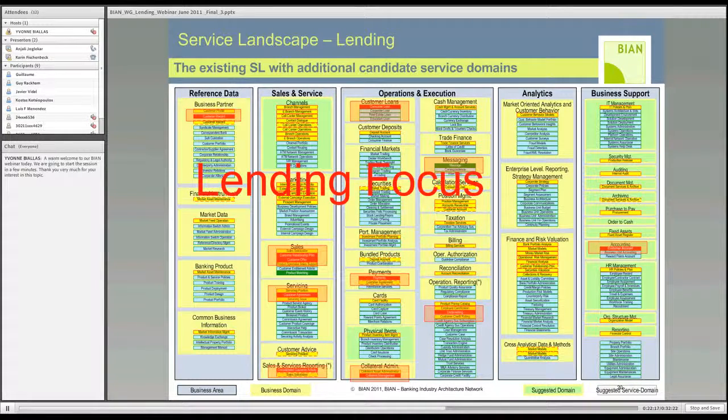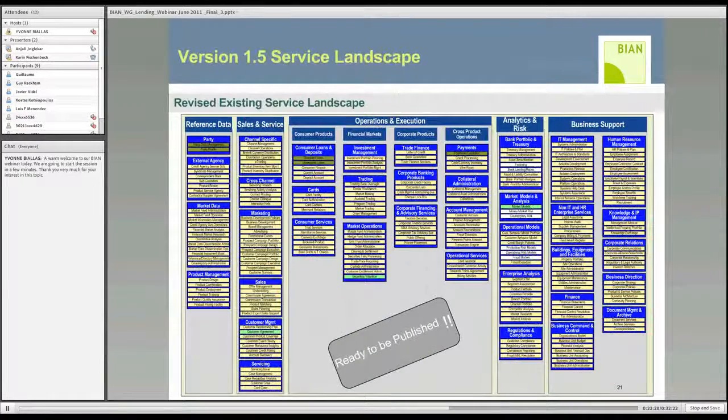But this is the newer version of the service landscape, and now, like I mentioned earlier, the idea is to again create business scenarios and identify more and more service domains that will engage in completing an entire loan process. Right. So again, that was about how the service landscape is contributing for our service definition groups and vice versa.